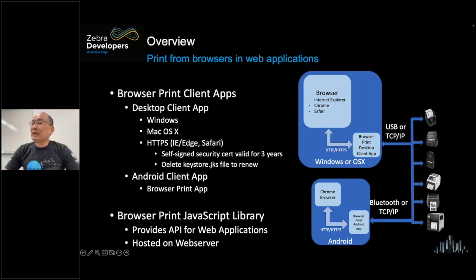The communication between the JavaScript library and the client application is through either HTTP or HTTPS, depending on the browser type. If it's Chrome or Edge, those browsers require communicating with the local HTTP server through HTTPS.